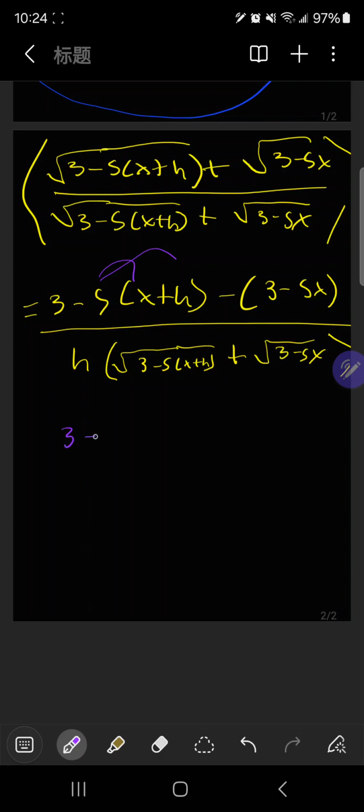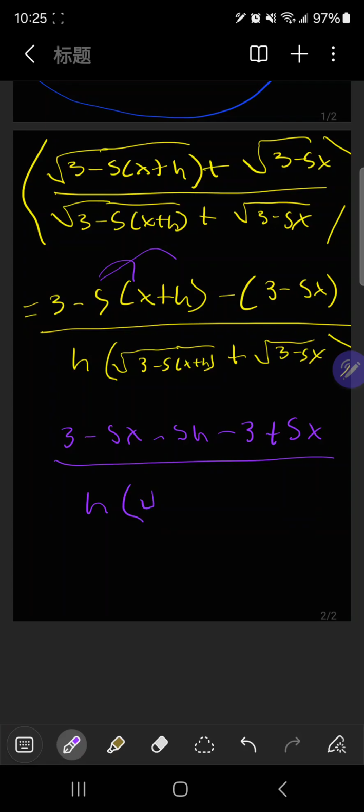So I'm going to just make it a different color. 3 minus 5x minus 5h. You see that? Because we have a negative there. Minus 3 and it's plus now because we have a negative, 5x, still over the same thing. H of root 3 minus 5 and x plus h, boom, plus root 3 minus 5x. And then I closed the parentheses.